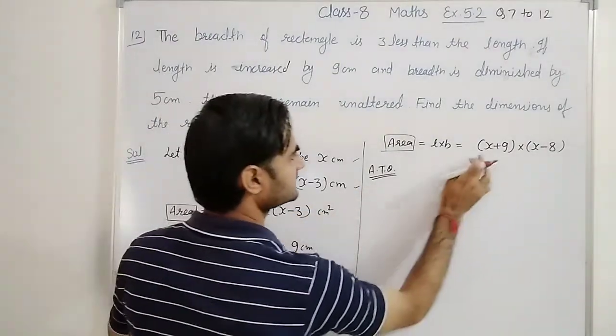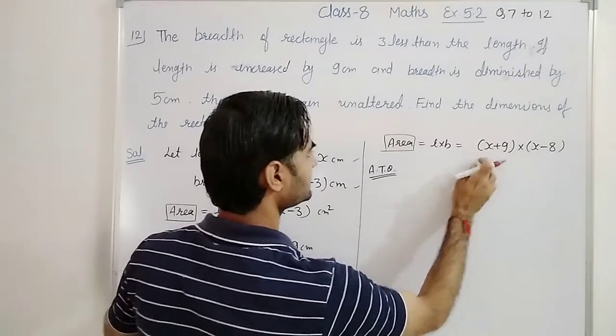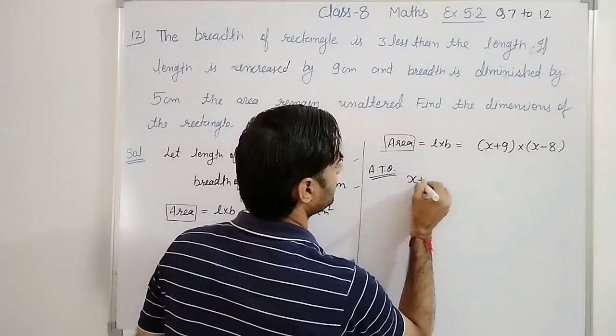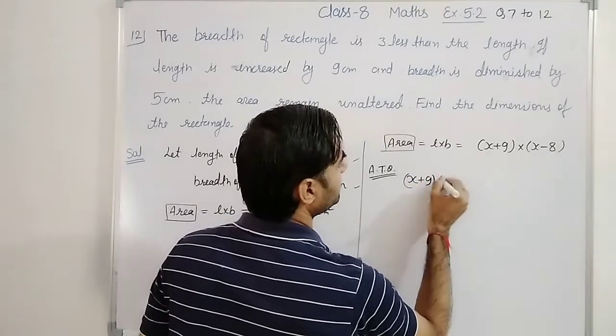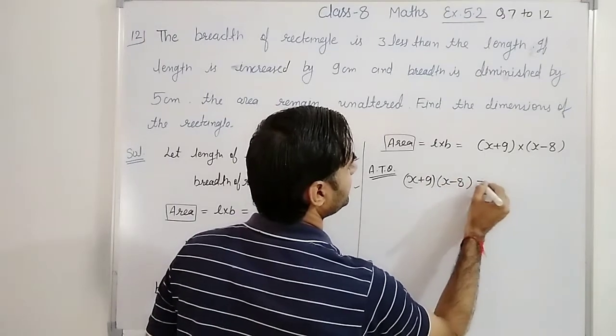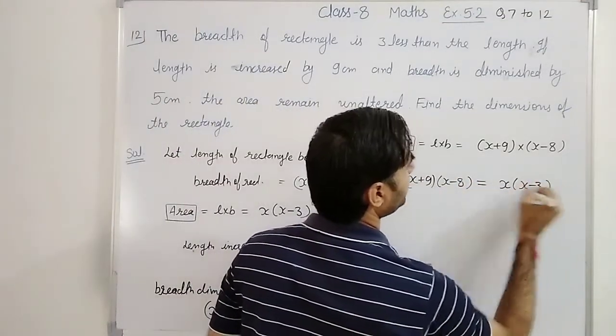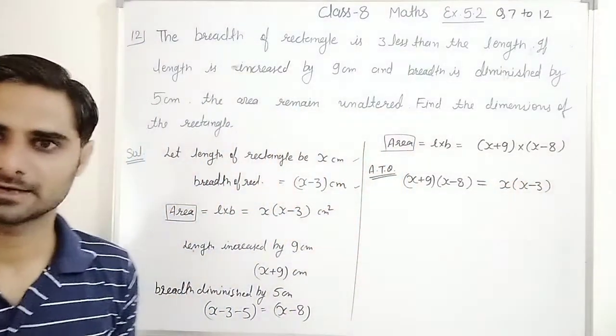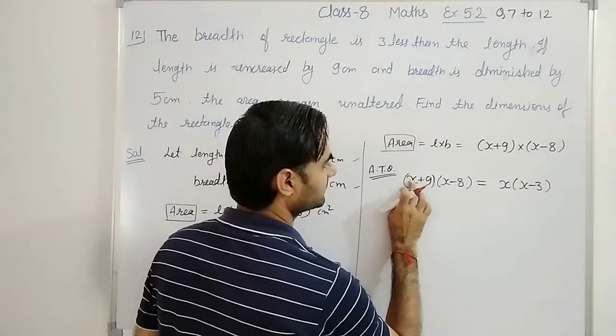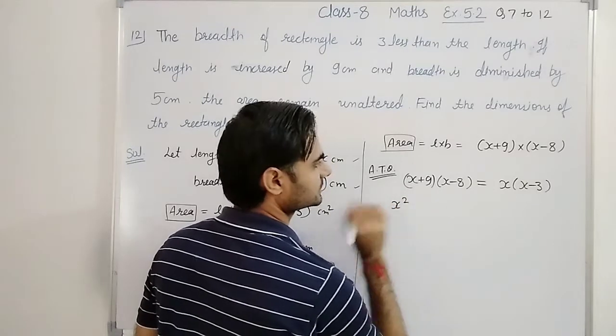So can we write like this? This will be x plus 9 multiplied by x minus 8 will be equal to x multiplied by x minus 3. Correct? So here this will be, can you multiply x multiplied by x equal x square.